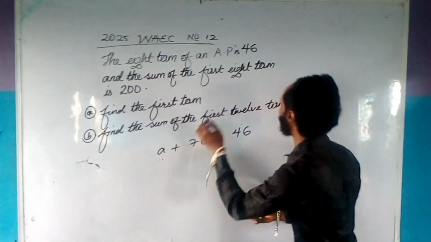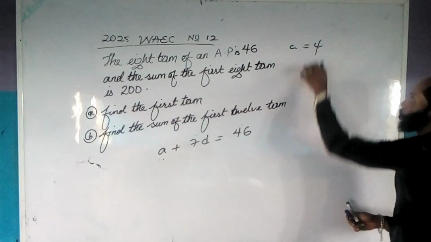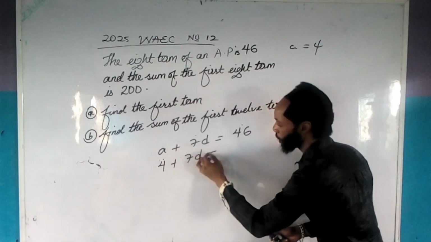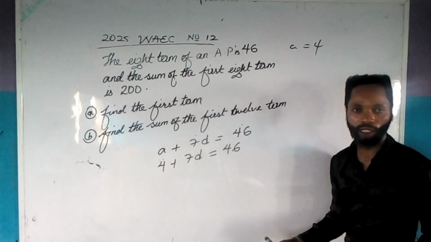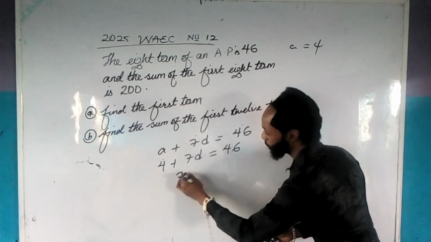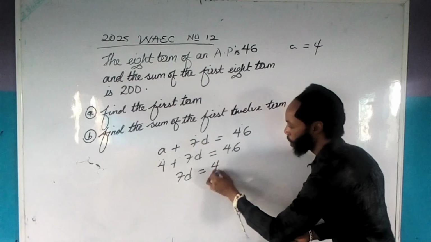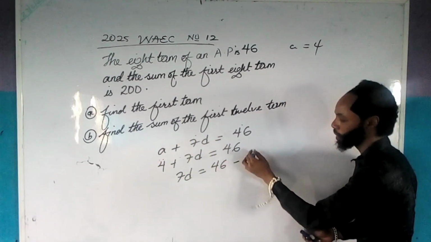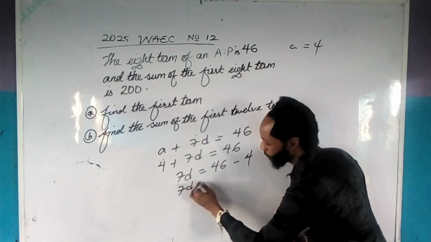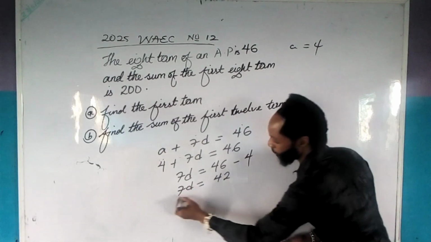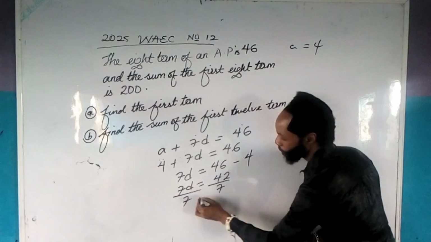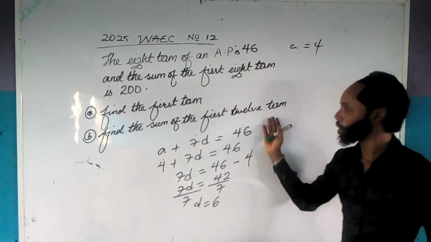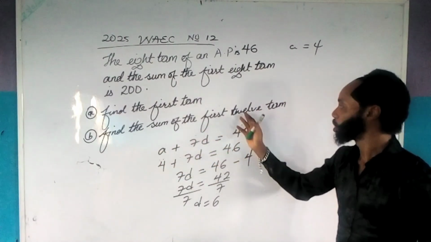Knowing that a is 4, we can say 4 plus 7d equals 46. So 7d equals 46 minus 4, which is 42. Dividing through by 7, d equals 6.